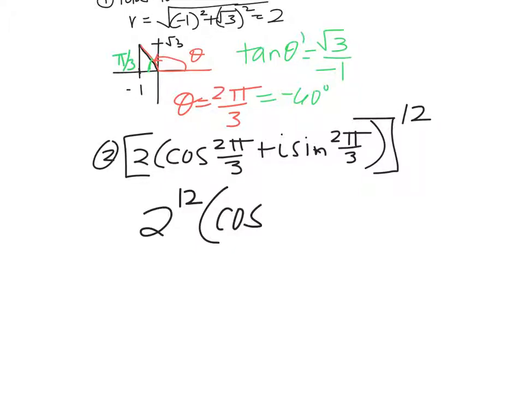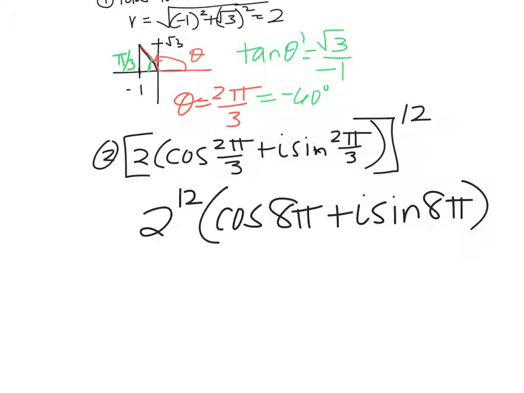Can you do that in your head? What is it? 8 pi? Yeah, 8 pi. Plus i sine of 8 pi. All right, now 2 to the 12th is 4,096.